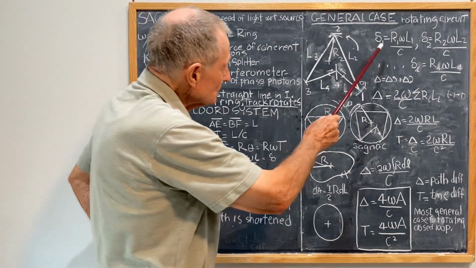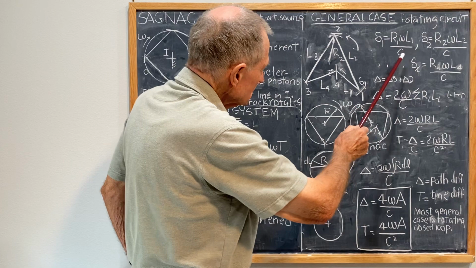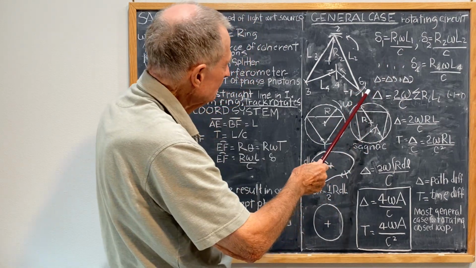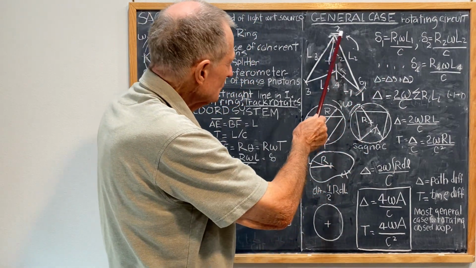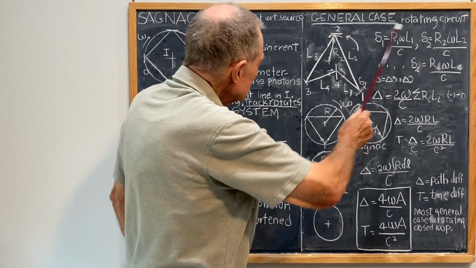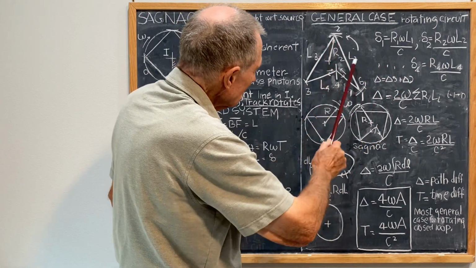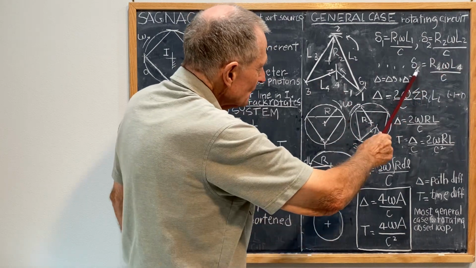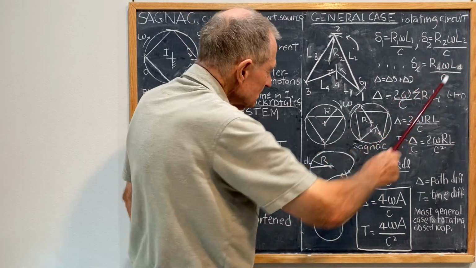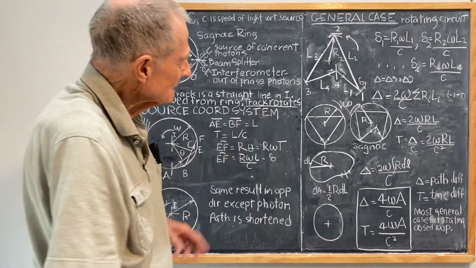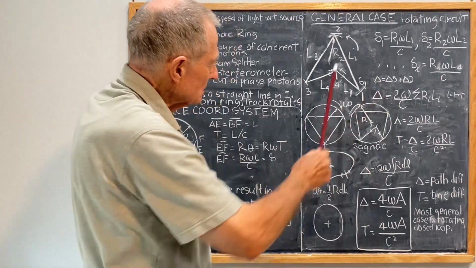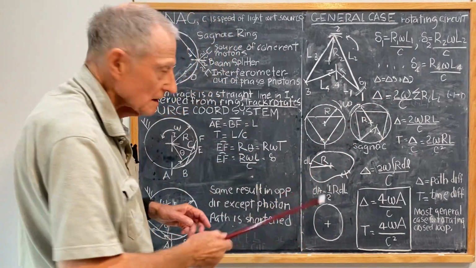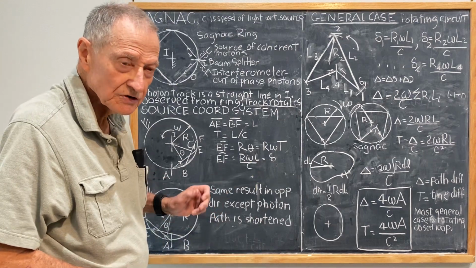So delta 1 is R1 omega L1 over c. Then it starts off on its next track towards 2, and it rotates along that track. Delta 2 is R2 omega L2 over c, up to delta 4 is R4 omega L4 over c. If I add them, then delta is the sum. In one case I wind up long, in the other case I wind up short.